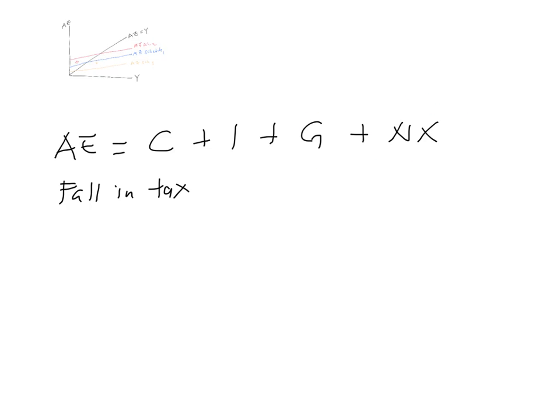If you keep things simple, you will see that a fall in tax will definitely affect your consumption because it will affect your disposable income. Your disposable income is equal to your gross income minus tax.